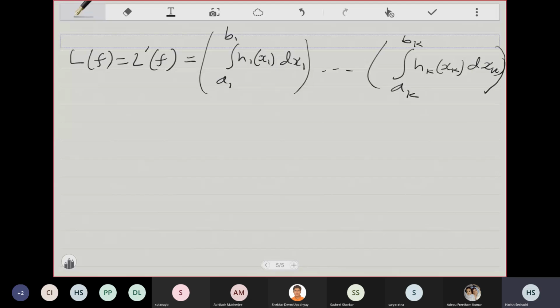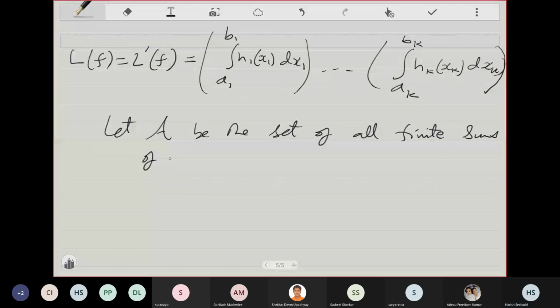So now, as I said, one looks at this: let script A be the set of all finite sums of these kinds of functions. So finite sums of products of one variable functions.